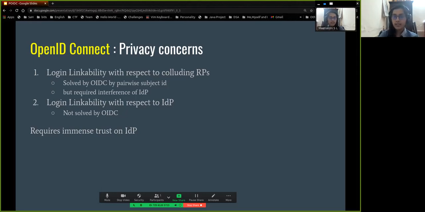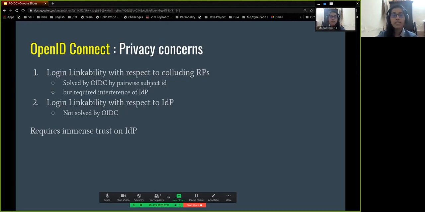Now, this is solved by a part of the standard implementation of OpenID Connect, which uses a pairwise subject ID, which basically means that the ID is not fixed and a different ID would be generated for different RPs. So that is login linkability with respect to colluding RPs.